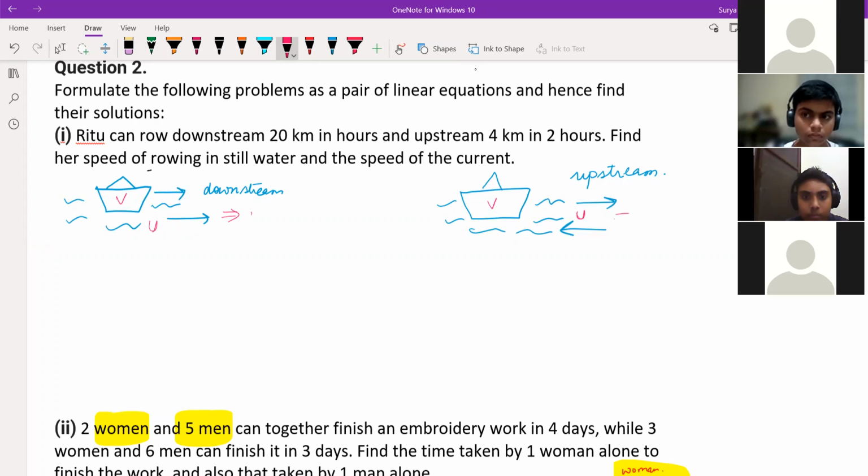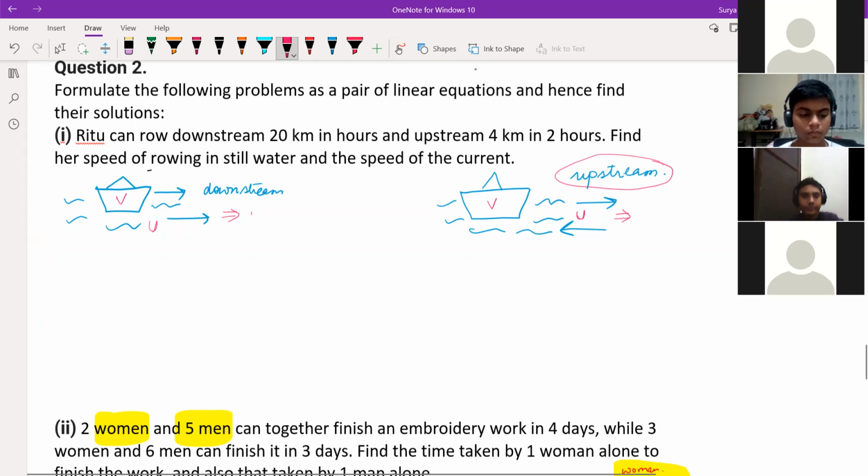Sir, can you again explain upstream? See, if water is going in the east direction and your boat is going in the west direction, then that is upstream. Means your boat is moving against the water.